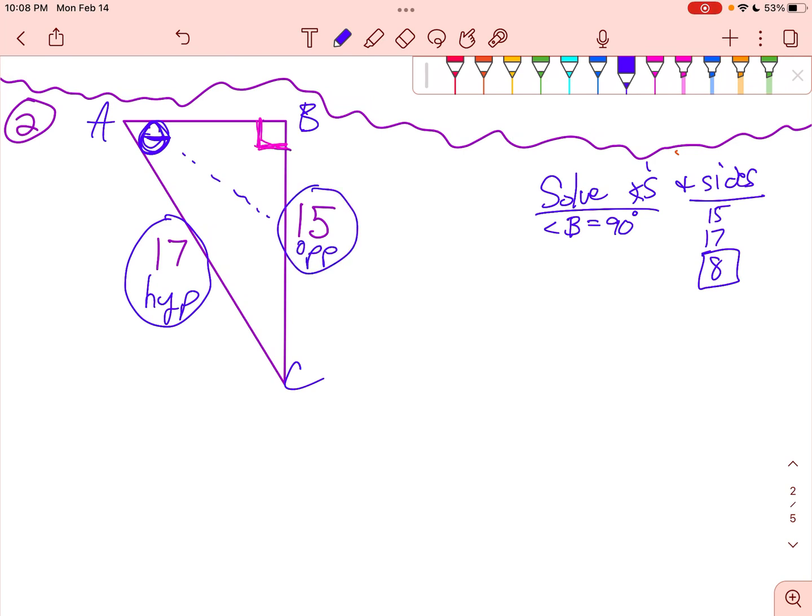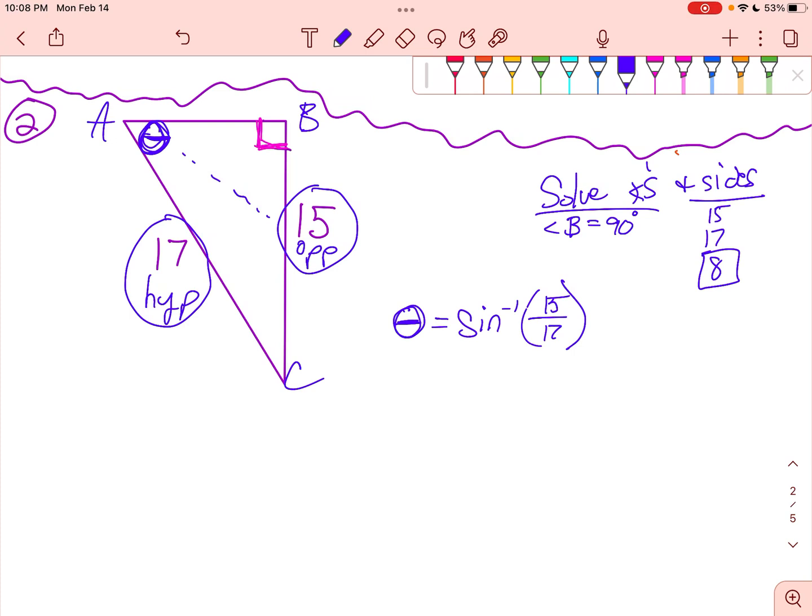Because I have the hypotenuse and the opposite side, and I'm looking for an angle, I can say that theta, or the angle, is equal to the inverse sine of the opposite side over the hypotenuse. Again, I'm working with inverse whenever I'm looking for an angle.